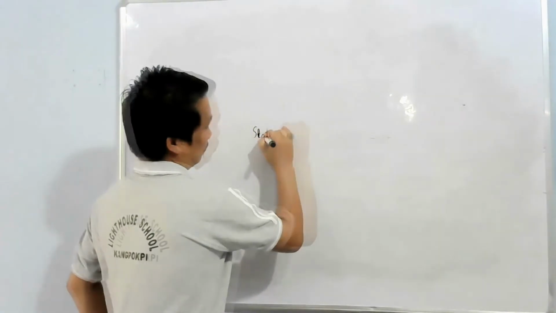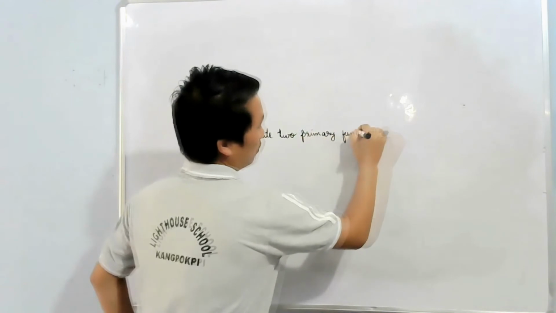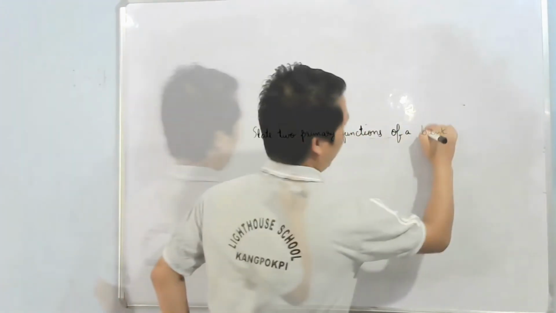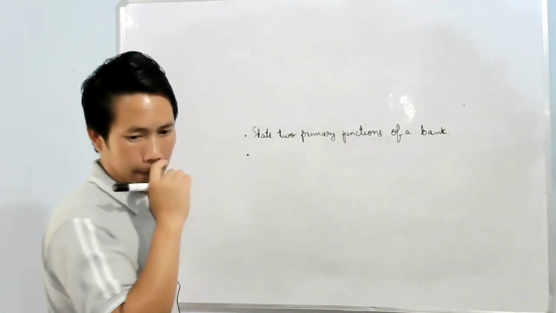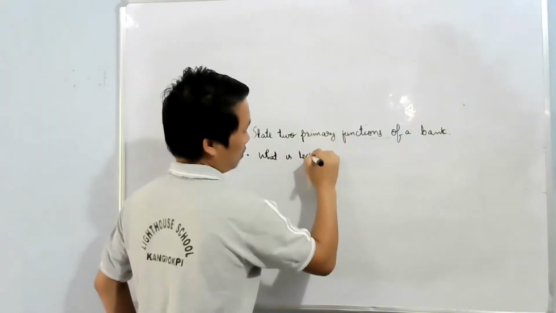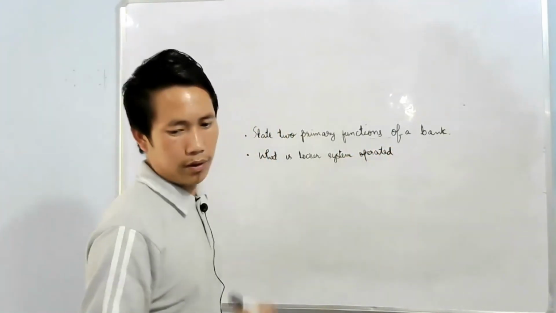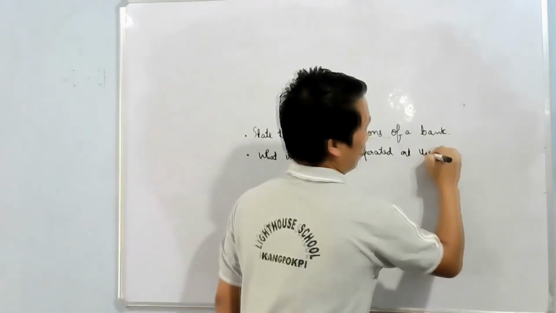State the primary functions of a bank. This is your first question, and the second is, what is the locker system operated at the bank?